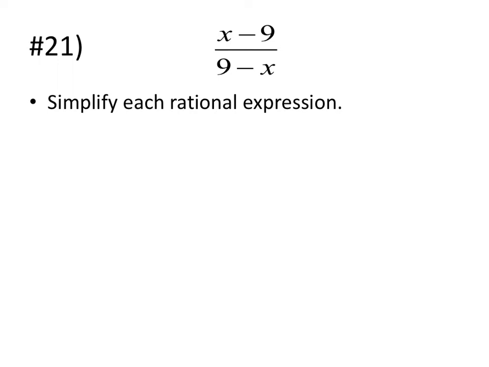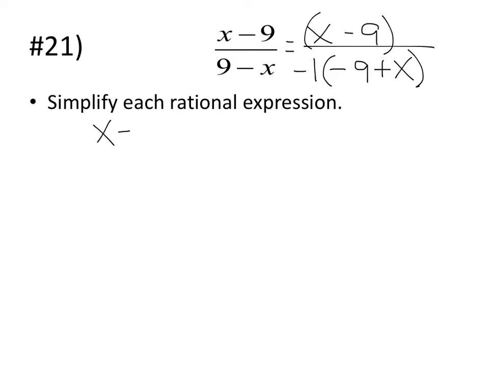Okay, so for 21, you're going to factor a negative 1 out of one of them. It doesn't matter which one. So let's say I leave the numerator alone, and then I factor a negative 1 out of the denominator. If you factor a negative 1 out, you end up with negative 9 plus x, right?